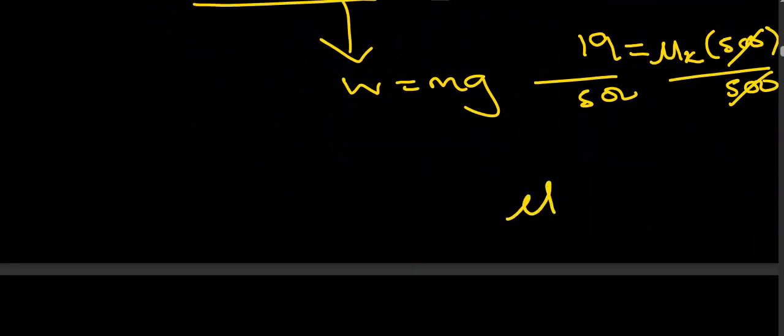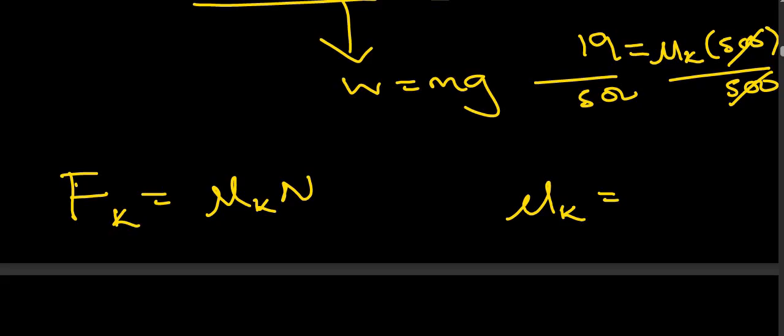So everything else I gave you was just a distraction. The acceleration and the 100 newtons, those were just distractions. The only equation that has the mu k that you are looking for is the formula for friction, which is this guy. So no wonder we're using it. And the mu k here will be, you can punch your 19 over your 500.